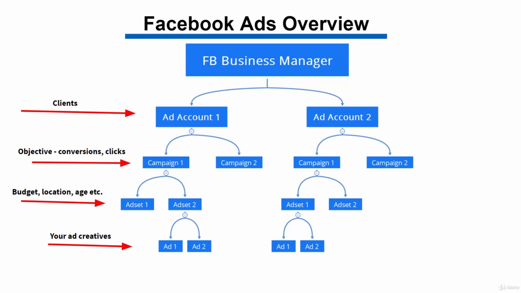Because it's a different audience. And so let's say we have a client here that's a dentist. Let's say we have a campaign 1, which is a dental implant. And then campaign 2 is a teeth cleaning, teeth whitening, or maybe an Invisalign offer, okay? And then we have ad set 1 where we're targeting just females. And then ad set 2, we're targeting males, right?